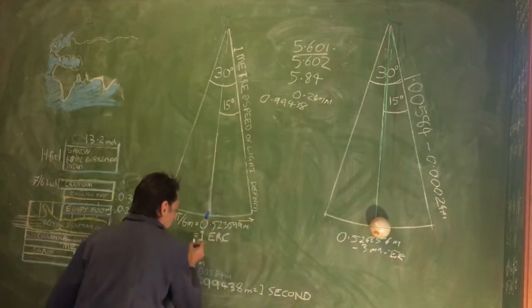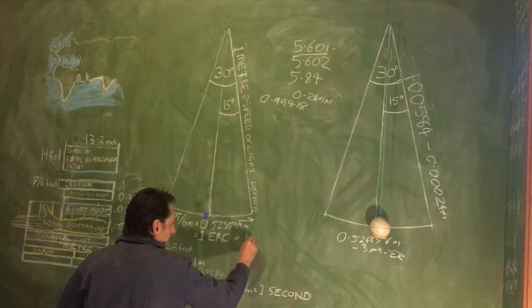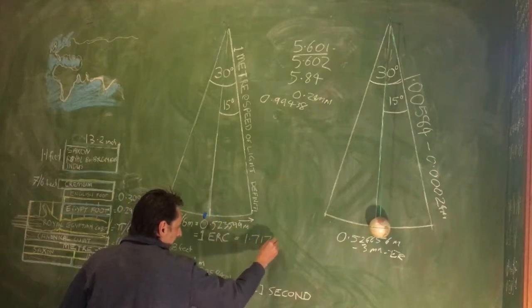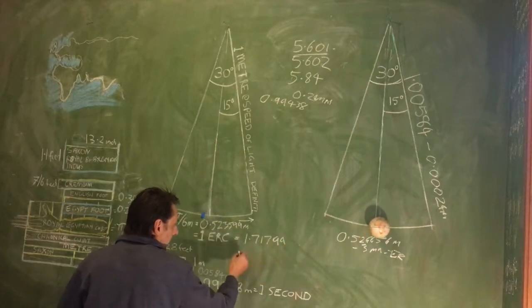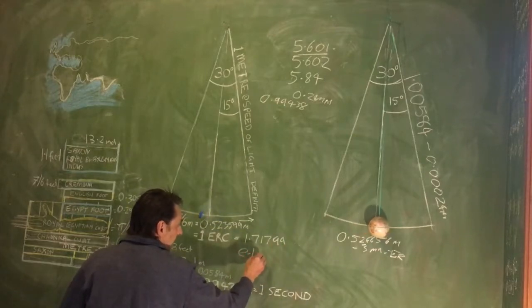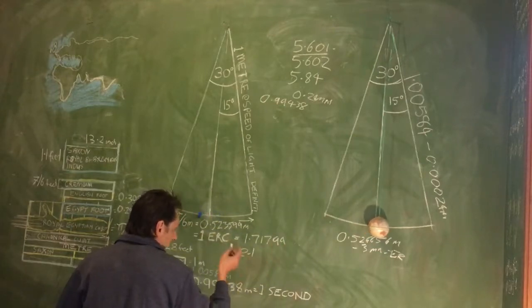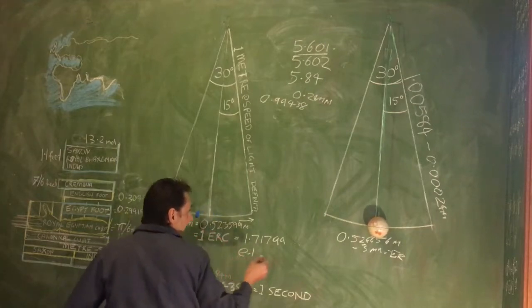Now the Egyptian royal cubit in feet is 1.71799, which is again e minus 1 within a fraction of a hair.